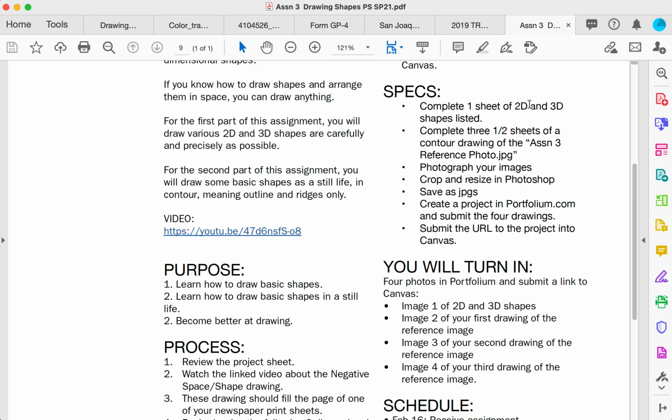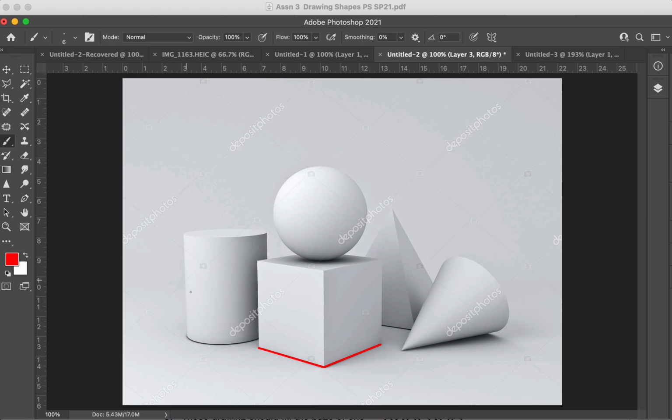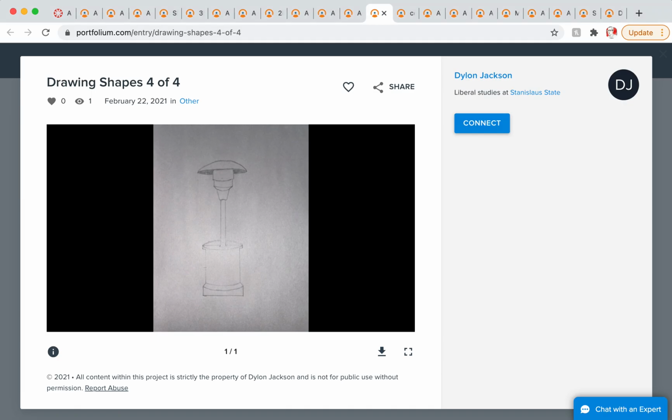Complete 1 sheet of 2-dimensional and 3-dimensional shapes listed. Complete 3 half sheets of contour drawings of assignment 3 photo. So I understand if you can't find the photo, this is it though. So again, everyone who misunderstood, you're completely welcome to revise.